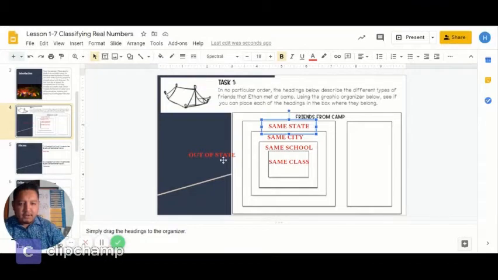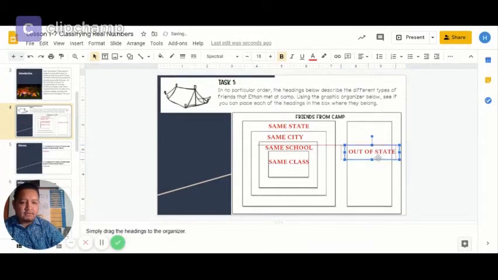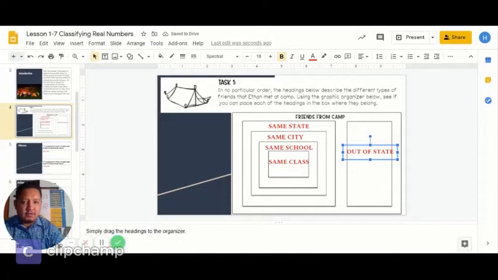Now, when you look at out of state, you cannot live in Texas and live in California at the same time, right? You cannot be in Texas and be in California at the same exact time. So out of state is going to be over here. California and Texas are two different states, and those two don't belong in the same category.